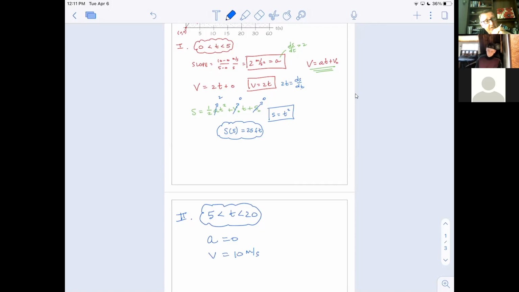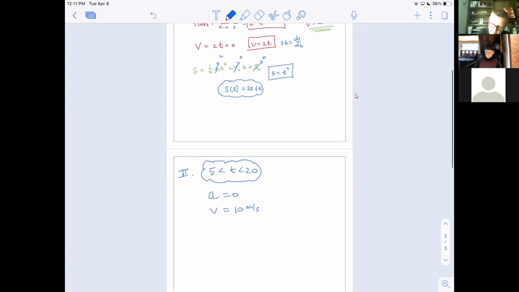So position, again, you have a choice. You could take the integral of that 10 and build it for yourself, or you could just use the position equation. I don't know which one makes more sense to you. I think I'll just build it this time.